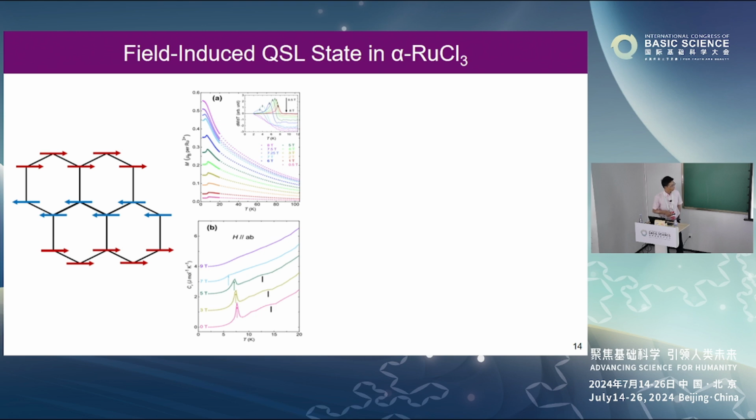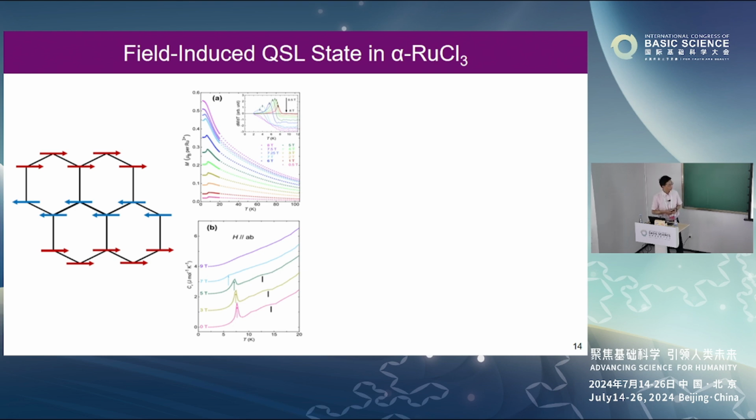And then if you apply a 7.5 Tesla field, the magnetic order transition is completely suppressed. You can see from here or from here. And then you enter a magnetic disordered state. So is the magnetic disordered state a quantum liquid state we are looking for?